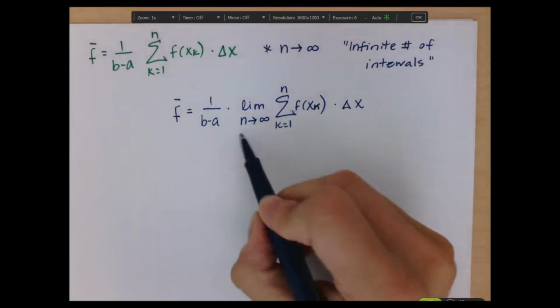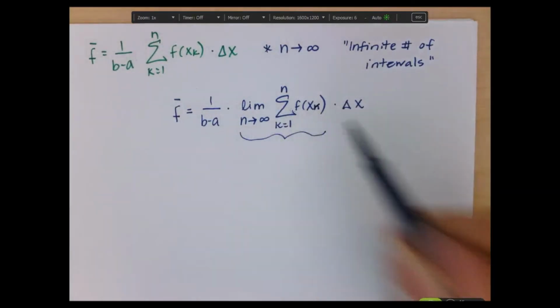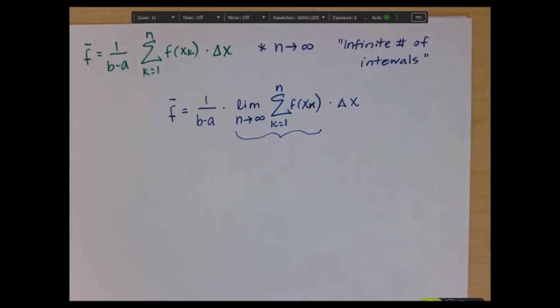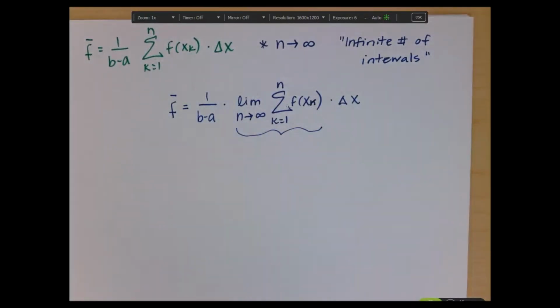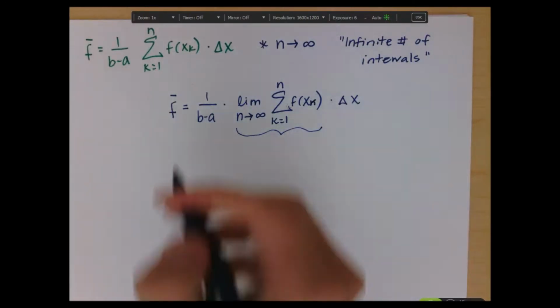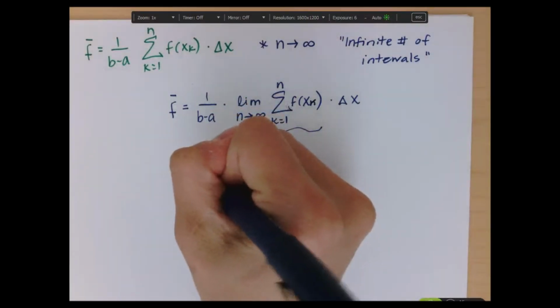Again, we need as many y values as we can possibly get in order to have a really accurate average function value. So if we let n go to infinity, the limit as n goes to infinity of this sum, then we're going to find the average function value pretty accurately.